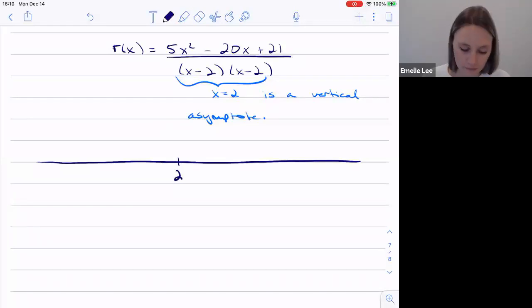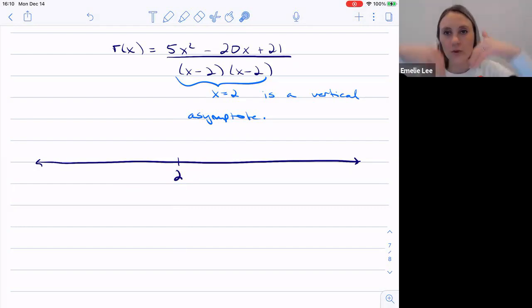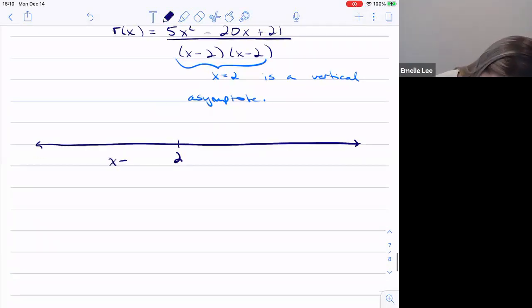Around this point, it's either going up towards infinity or rapidly going towards negative infinity. Those are my two options, and I just need to figure out how it behaves on either side of 2. So here on this side, x is going to 2 from the left.